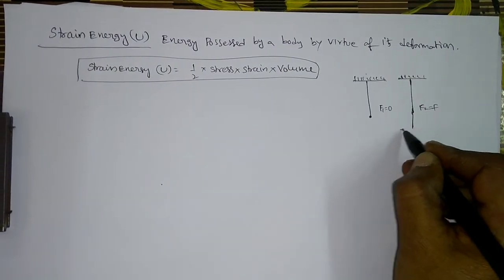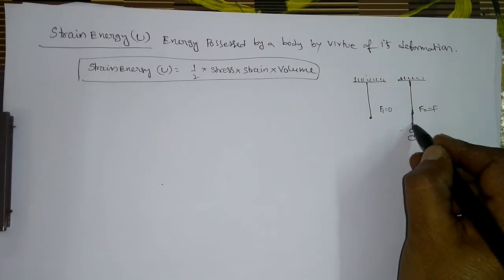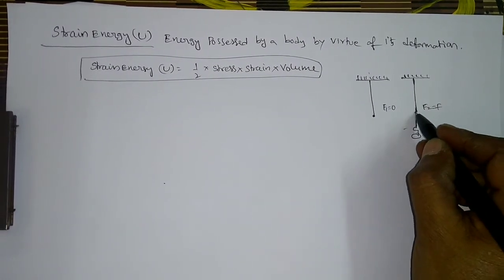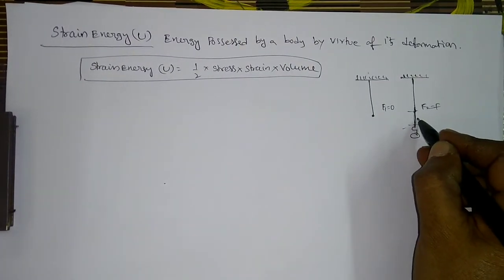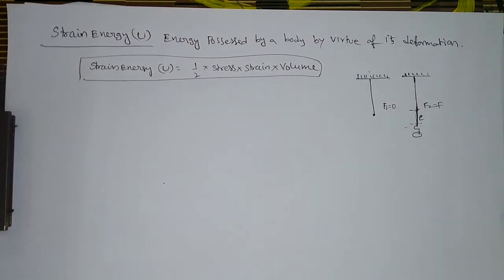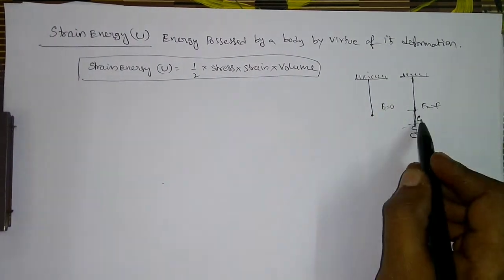Actually, this much elongation is not possible, so I am zooming this for our consideration. Say the expansion is e. Now, if it is elongated, work should be done here.